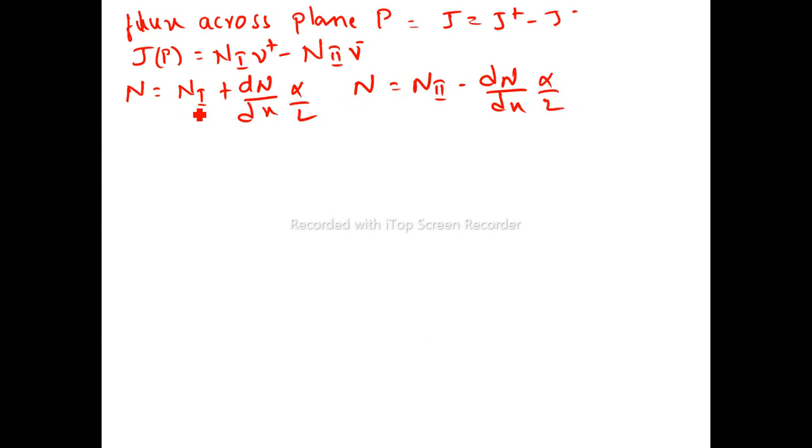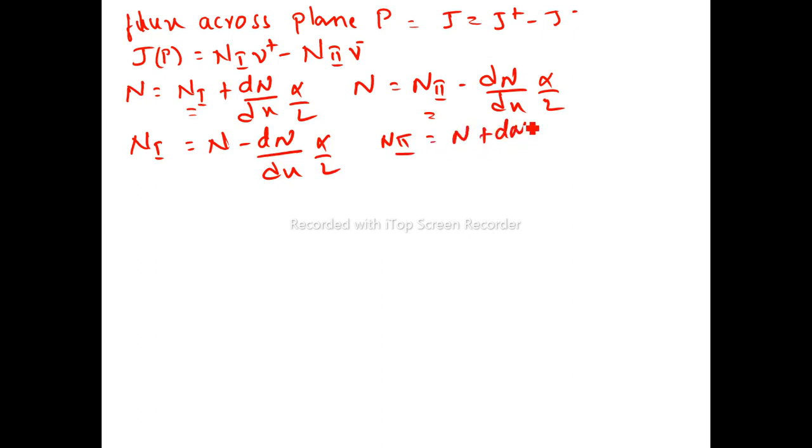So from here we can get the values of N1 and N2 in terms of N: N1 is N minus dN divided by dx into alpha by 2, and N2 is N plus dN divided by dx into alpha by 2.